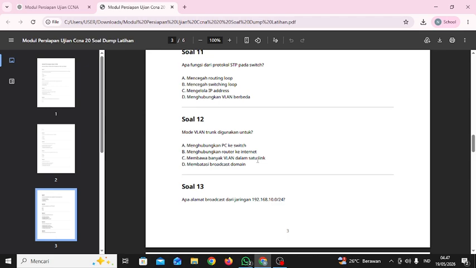Okay, and explanation: a trunk port allows multiple VLANs to pass through a single physical connection. Trunks are commonly used between switches and routers.